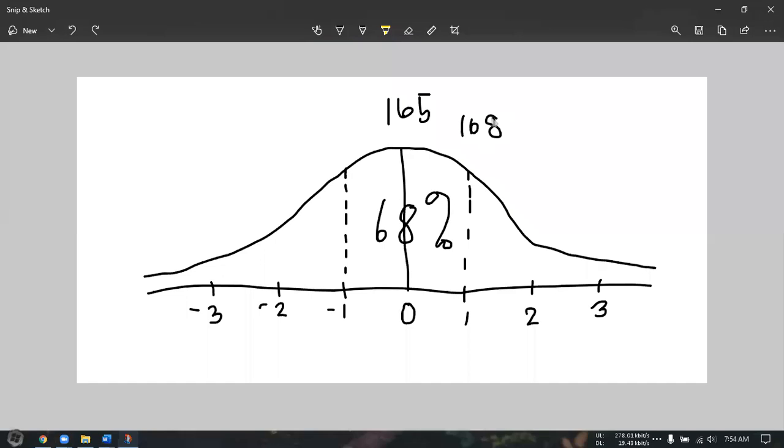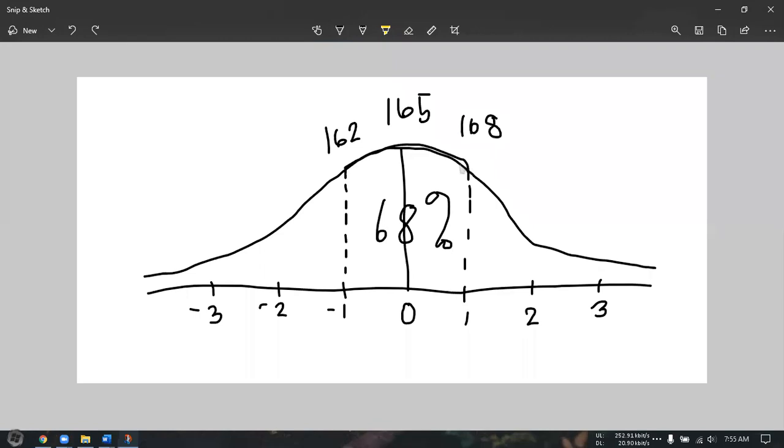And one standard deviation away from the mean on the left side, we have 162. And 68% of the CSA students have heights between 162 to 168.